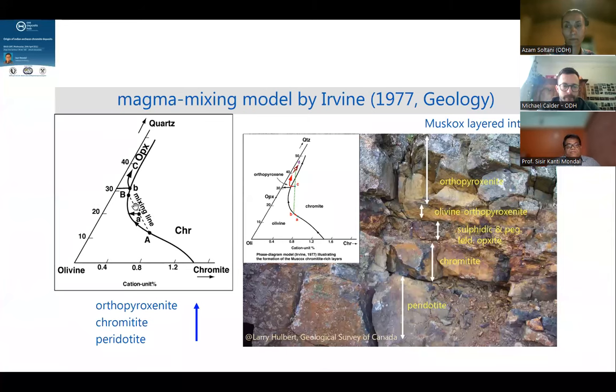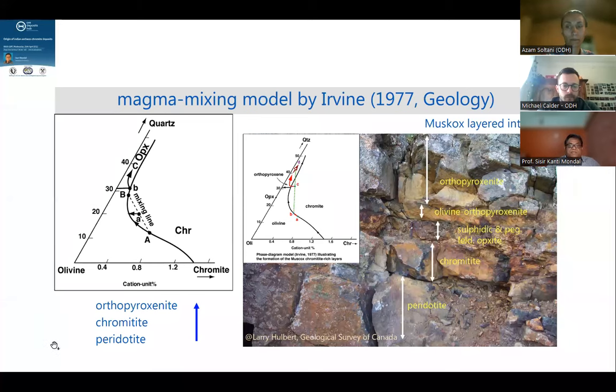A hybrid will form that will be within the chromite saturated field, and during cooling for a certain period of time, we can expect crystallization of chromite as the only liquidus phase, and as a consequence of that, formation of a stratiform chromitite layer.